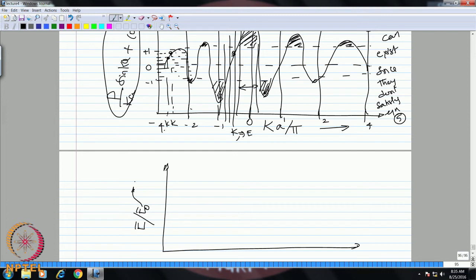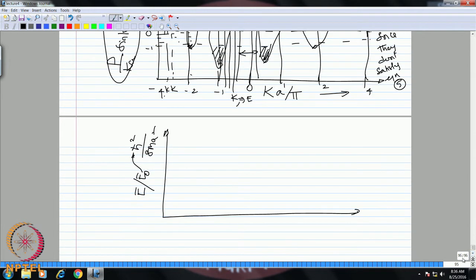Where E naught is nothing but h bar square by 8 m a square, this is some non-dimensional number. Similarly, I can now non-dimensionalize the crystal wave vector, which will be kappa a by pi, like the way I plotted here k a by pi, okay, this is for the electron energy.